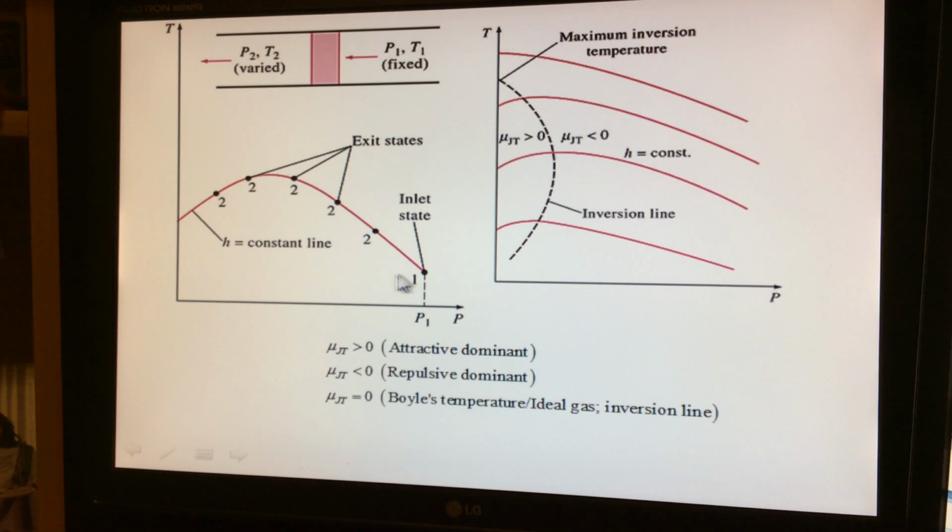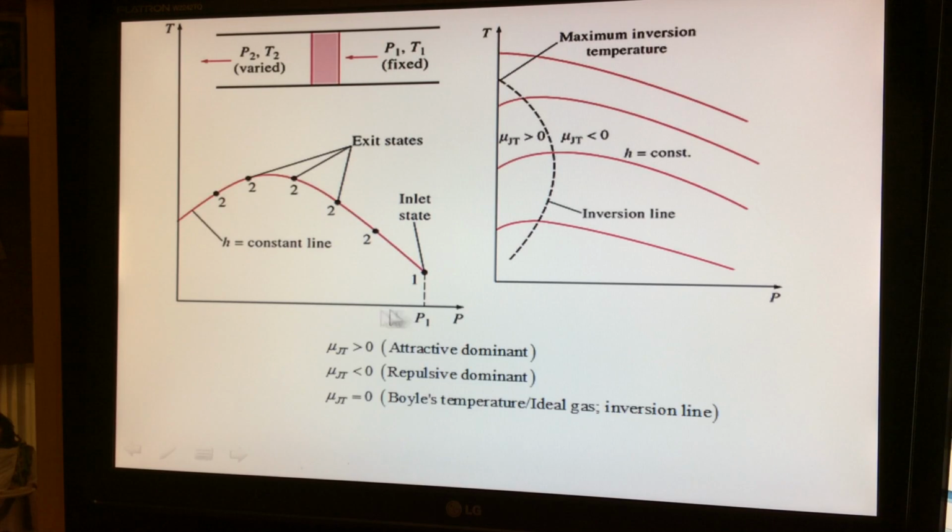So this point is going to be T1, P1, the inlet condition. Then you expand it through the restriction valve, and when you expand it, you measure temperature and pressure. Obviously pressure is going to drop, so it's going to come down this way, because remember the exit pressure is lower than the inlet pressure.